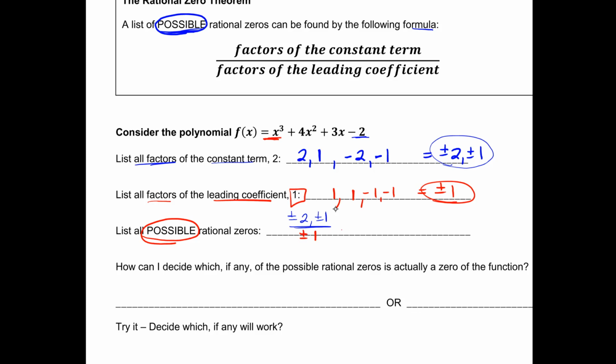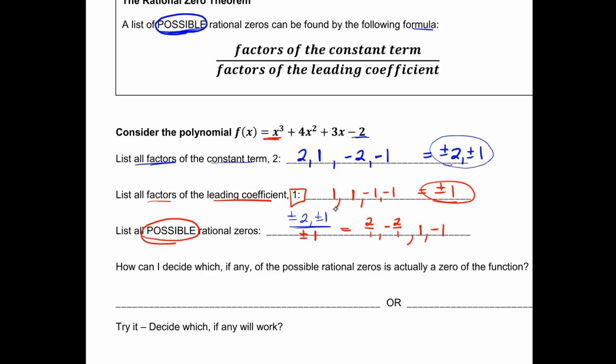So how many possible zeros did this theorem give us? Is it really 4? Because you could look at it as 2 over 1, but then you could look at it as negative 2 over 1. Those are all the possible combinations. Or you could look at it as 1 over 1, which is just 1. Or what's the last one? Negative 1.